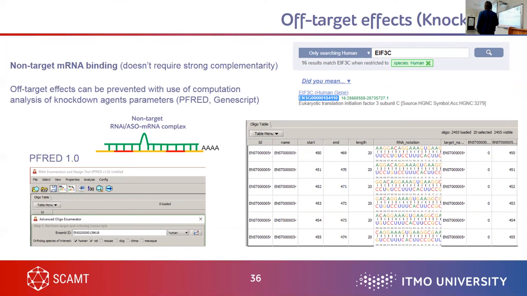This ID we can insert into PFRED 1.0, and this software will give us variants of antisense nucleotides that can be used for successful knockdown with minimal off-target effects.